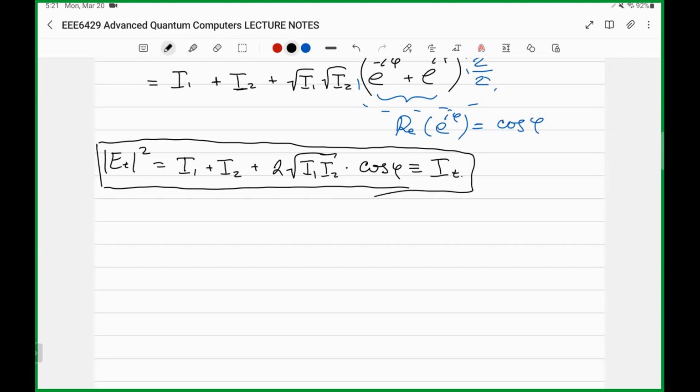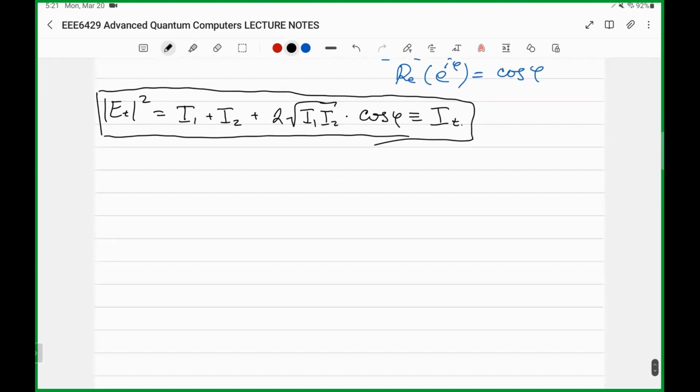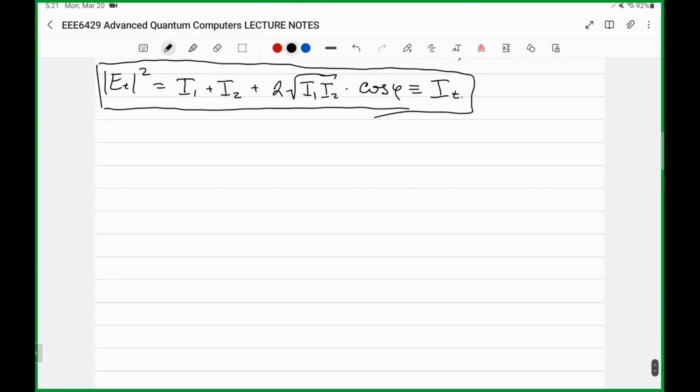Right. So the intensity of the total field is not just the sum of the intensities, but depends on the phase difference between the first and second light source, or source of any waves. The same works for acoustical waves or for any types of waves. So for now, let's consider two ultimate cases, right?